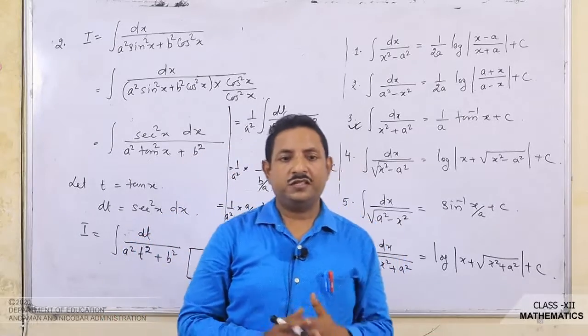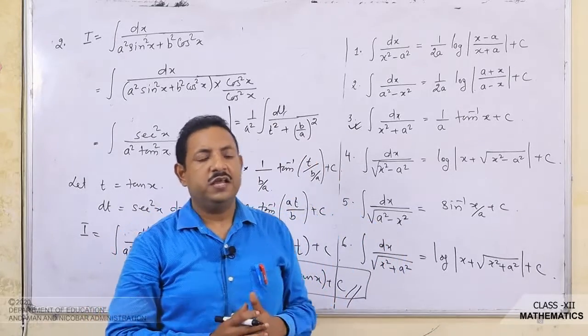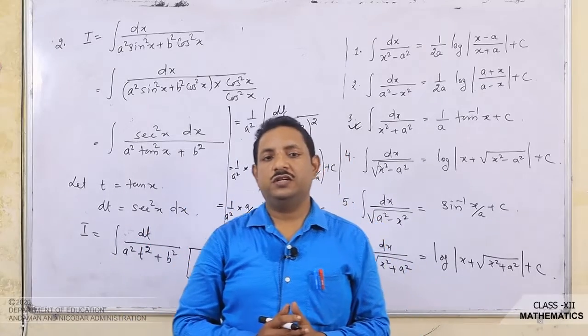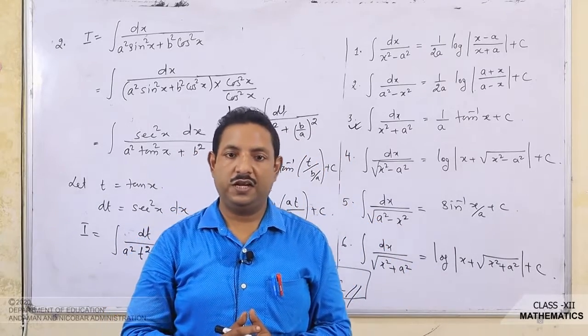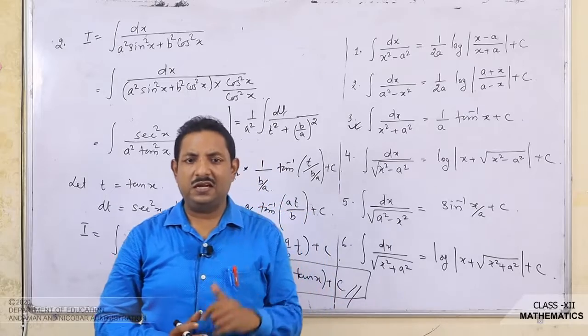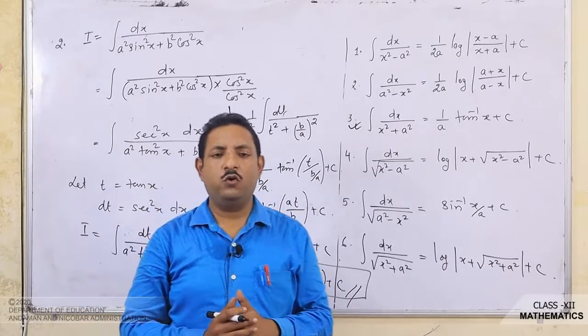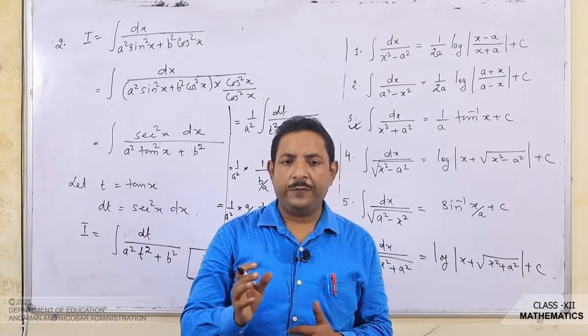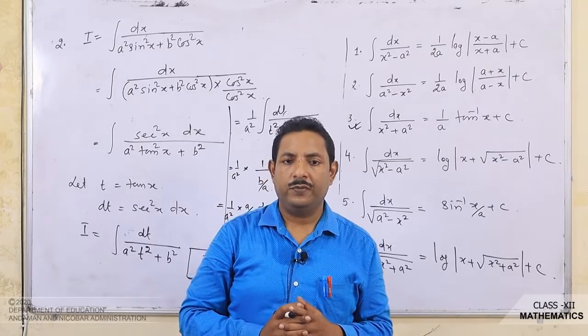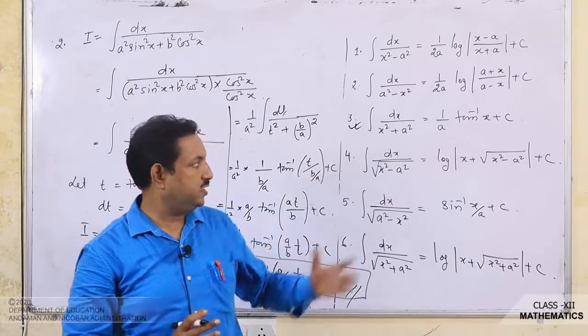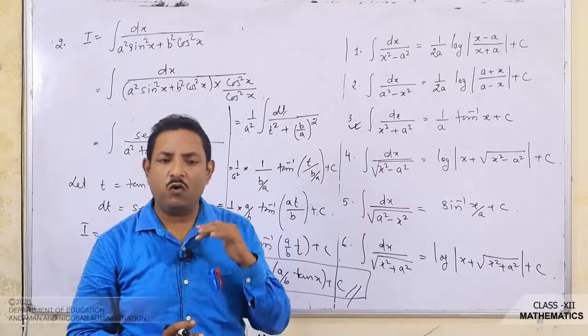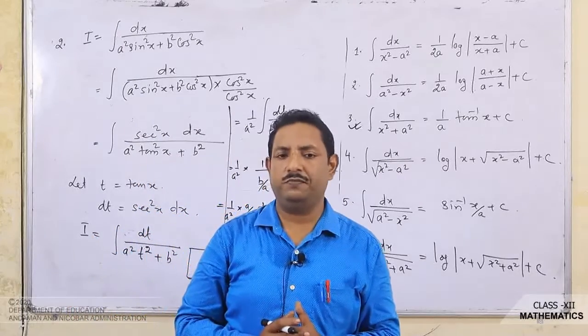Dear students, likewise you can follow all the questions of your exercise 7.4 in the NCERT book, but there are some more types of questions. Let me explain one by one. By using these 6 forms, we can solve 4 more types of problems.